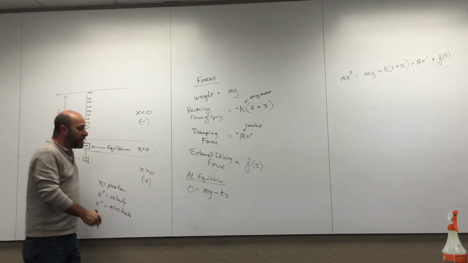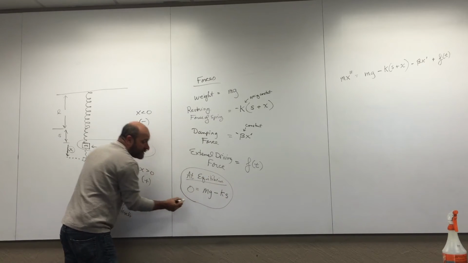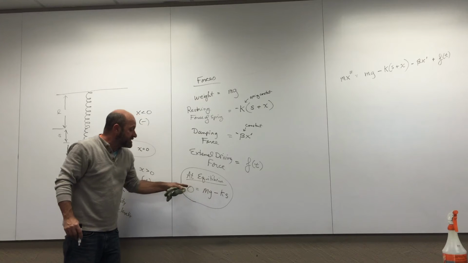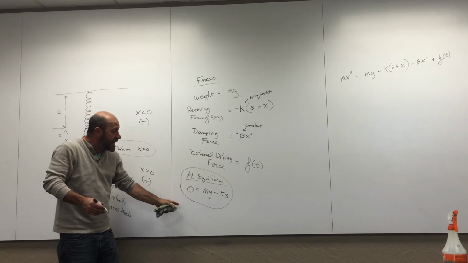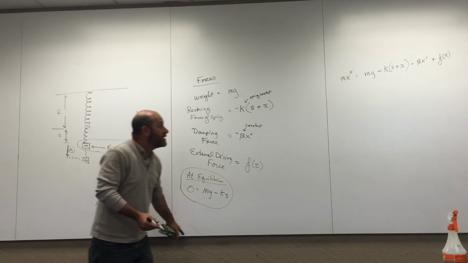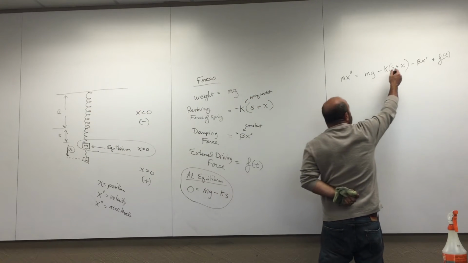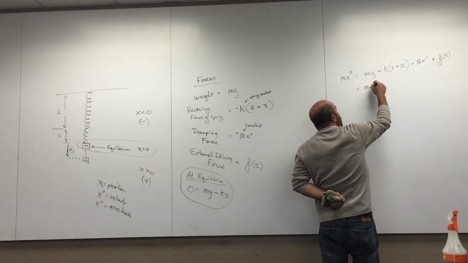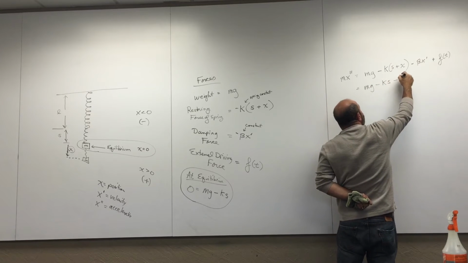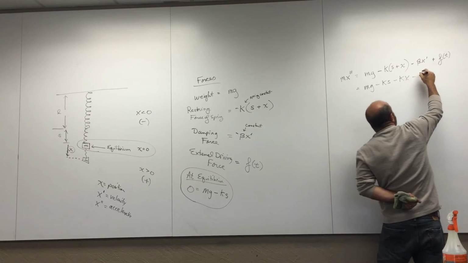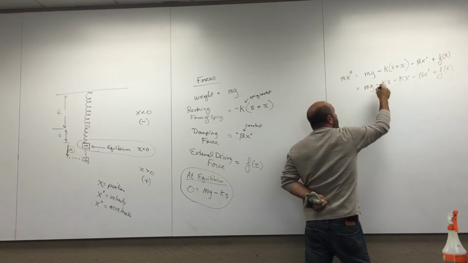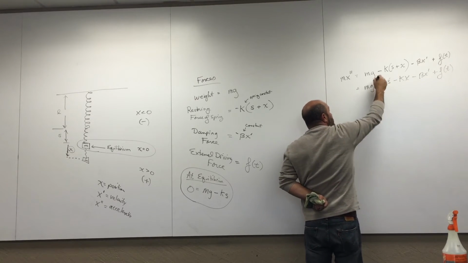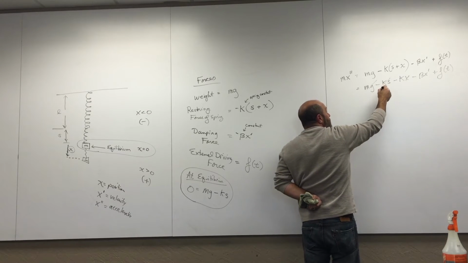So guess what? I've discovered this is a true fact, that mg minus Ks is zero, or you can move the Ks over and say mg equals Ks, but we can use that here in a second. If you distribute this K, mg minus Ks minus Kx minus beta x prime plus f of t, that mg minus Ks is 0. That's gone. Is that okay with you?